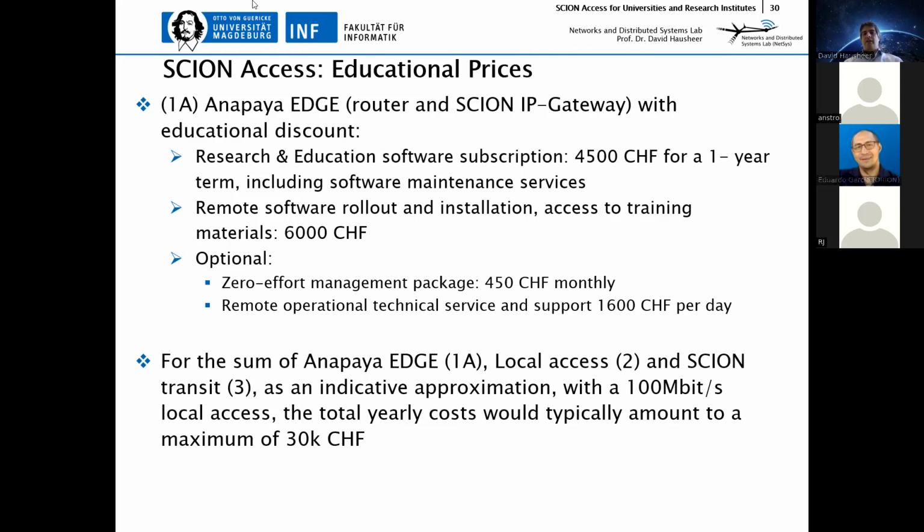And the great news is that they offer this with an educational discount, especially targeted at academic networks like NRENs and associated universities and research institutes. A software subscription for research and education comes at a cost of 4,500 Swiss francs for a 1-year term, and that includes software maintenance services. Additionally, there is a one-time remote software rollout and installation fee that also provides access to training materials, etc., at an amount of 6,000 Swiss francs.